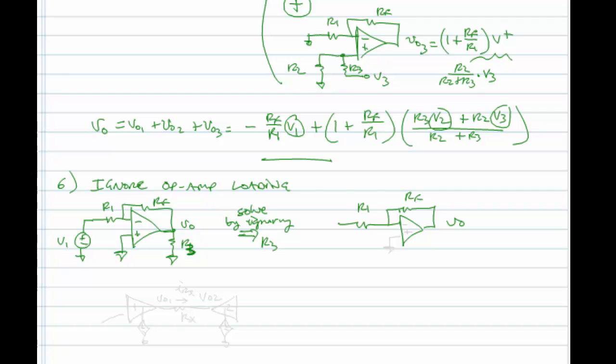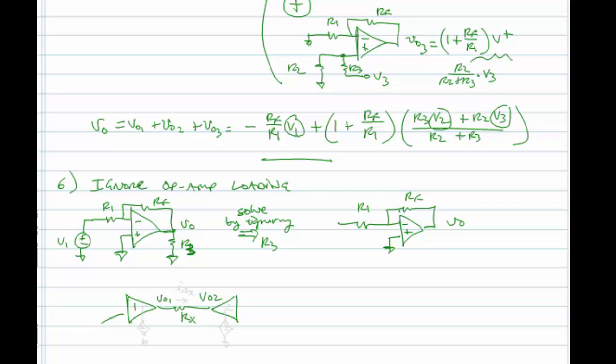If you see something like, for instance, 2 op-amps tied together, and this is VO1, this is VO2, and there's some resistance Rx between them, when you solve for the output VO1, you don't need to be thinking about VO2, unless somehow VO2 is going over and messing with the inputs of the first op-amp.